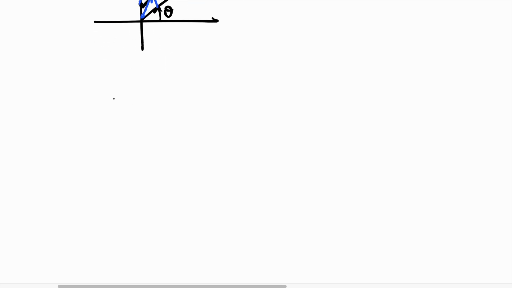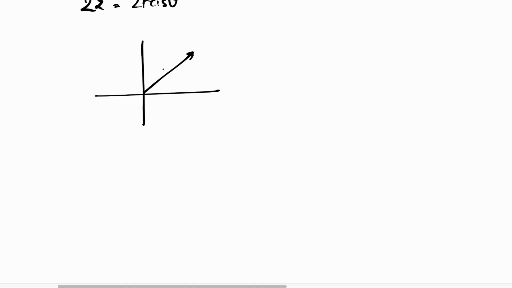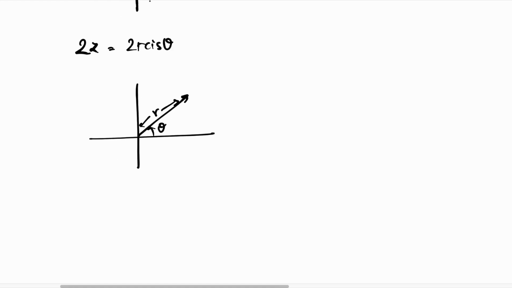Next, the same complex number z, if I'm multiplying it with just 2, what I'll get is 2r cis theta. So in this case, my argument is unaffected. That means my complex number is pointing in the same direction. But one difference which I can see is in the modulus. My modulus becomes double of what it was.